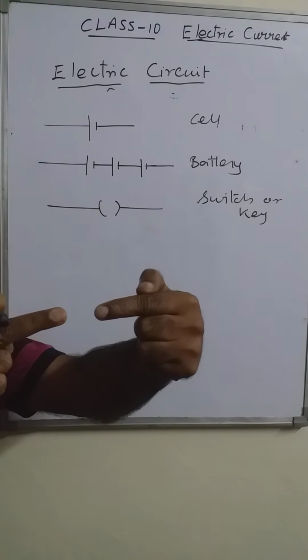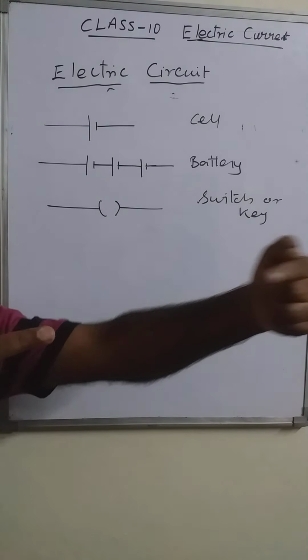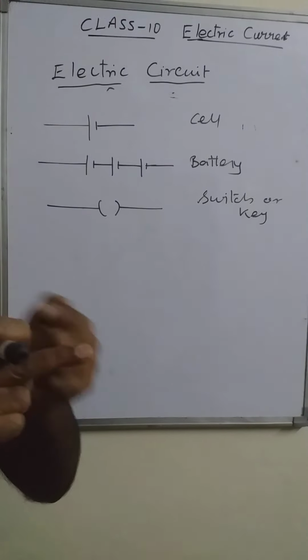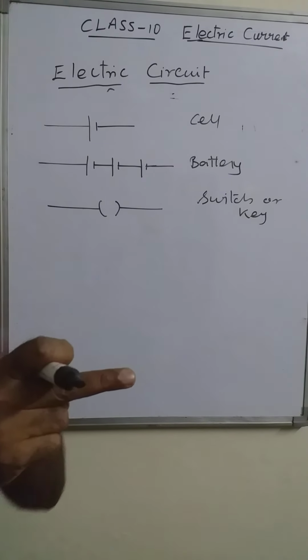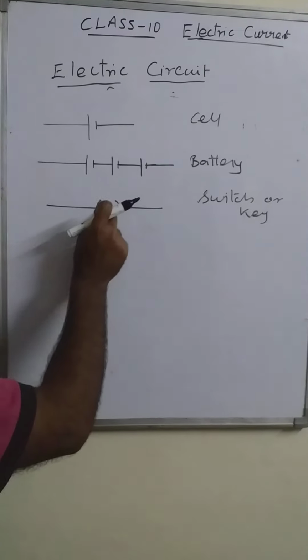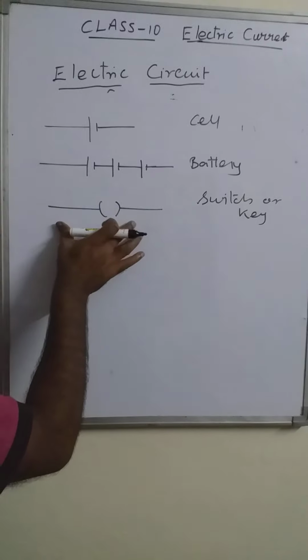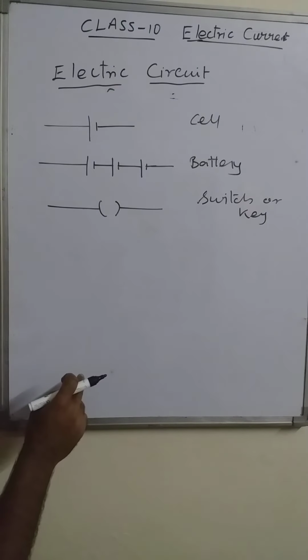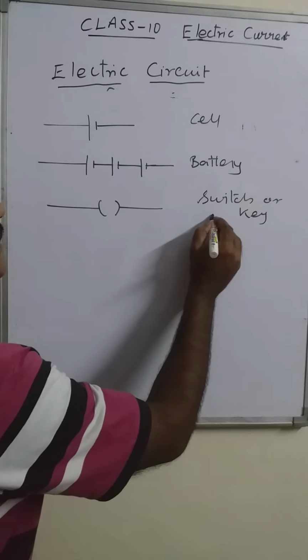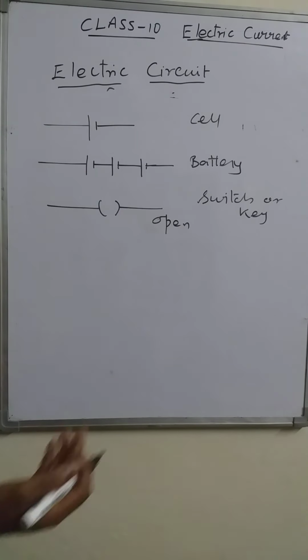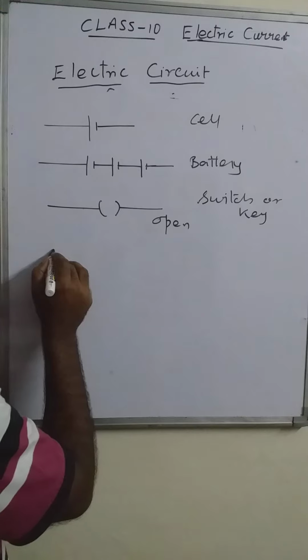One conductor, another conductor. This is joined in the circuit at one point, and this is joined to the circuit at another point. Now there is a gap between them. This is called an open key. If we want the current to flow, then the switch must be closed.